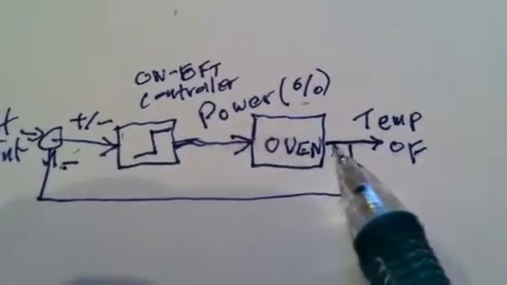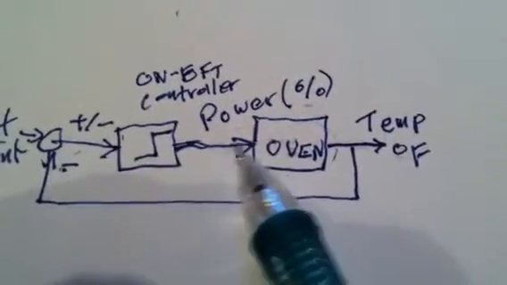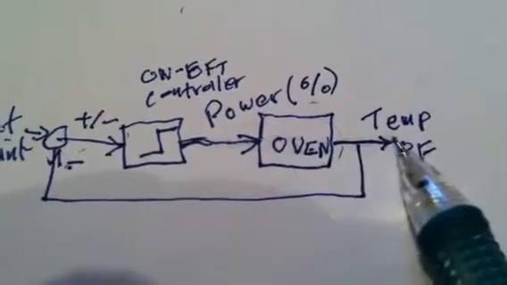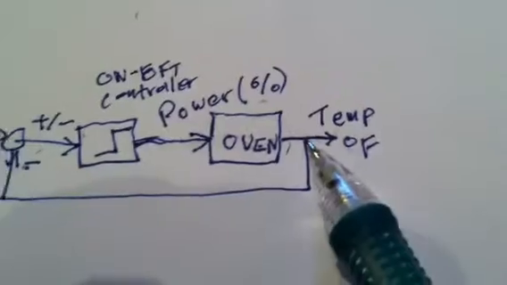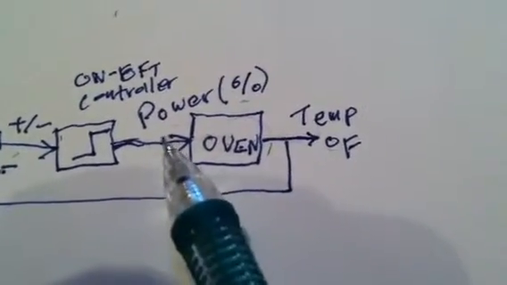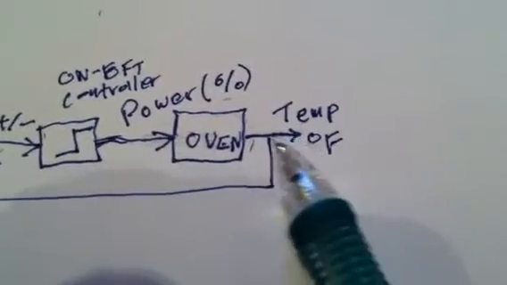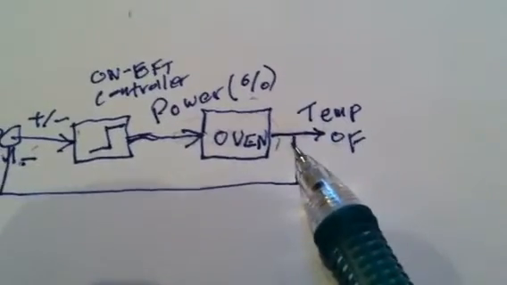So this diagram represents input to the oven and output from the oven, not in any material way or even energy way. It's just information way, the information to the oven and the information out of the oven.